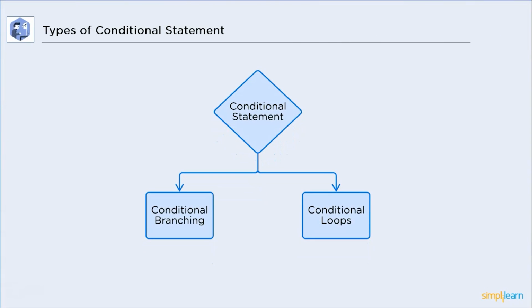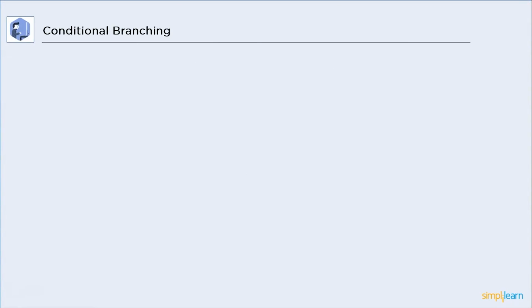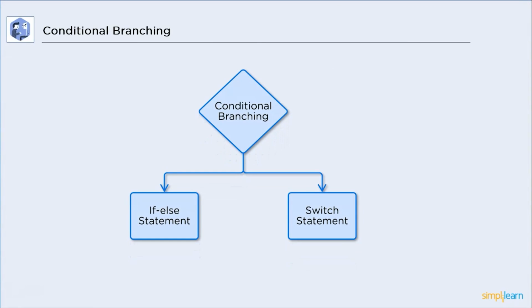Conditional statements are categorized into two types: conditional branching and conditional looping. Let's have an in-depth discussion on conditional branching. There are two ways to accommodate conditional branching: if-else statement and switch case statements.